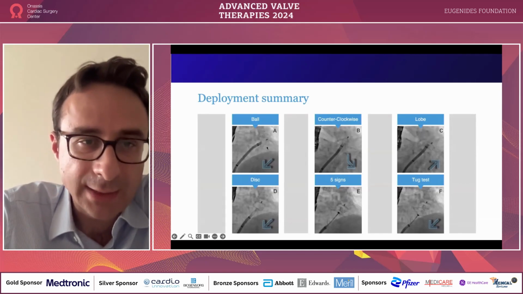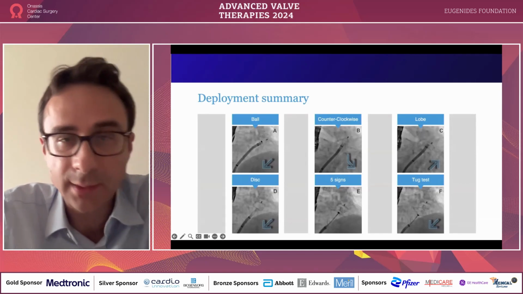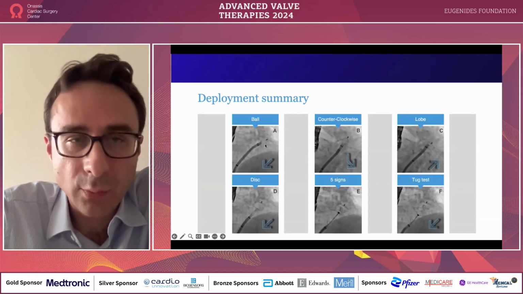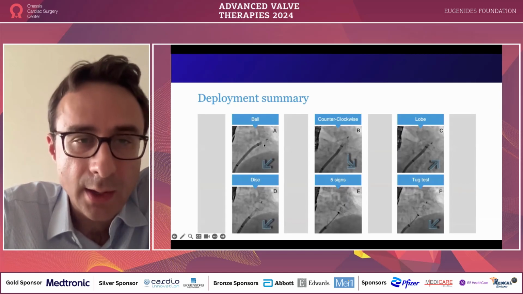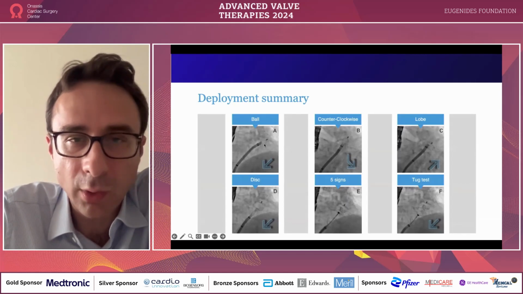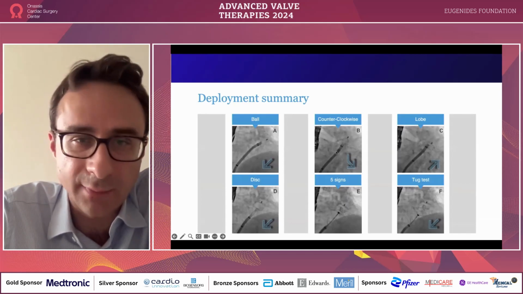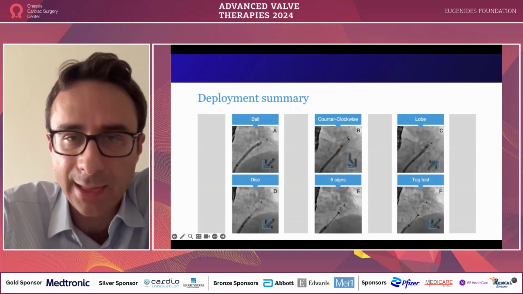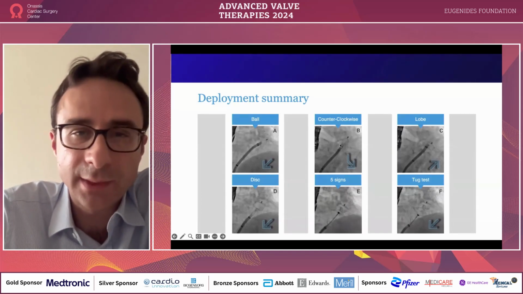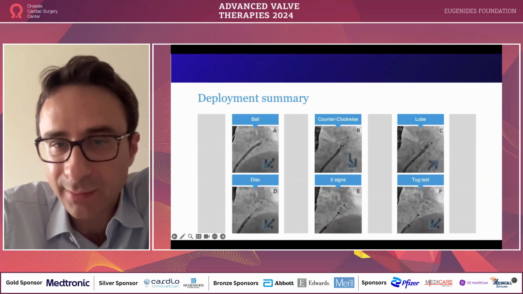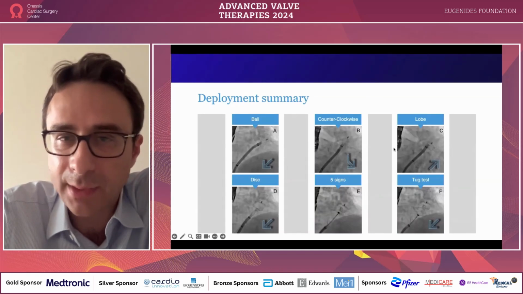And how is this device implanted, the Amulet one that I prefer to utilize in this specific case? When we are outside of the LAA structure, we have to advance the delivery system, creating a ball. Then once the ball is created, we can advance our delivery system inside the LAA structure, most of the time with a counterclockwise rotation to get better coaxiality with the left appendage.